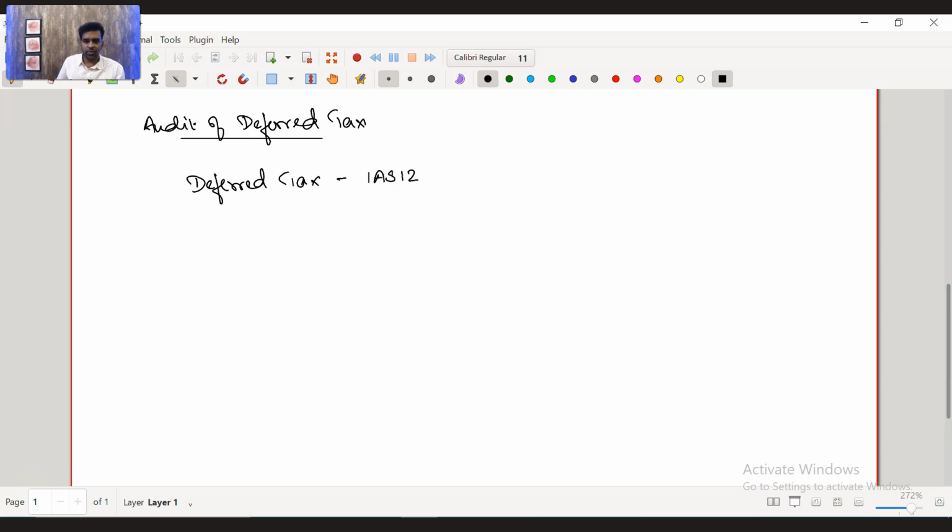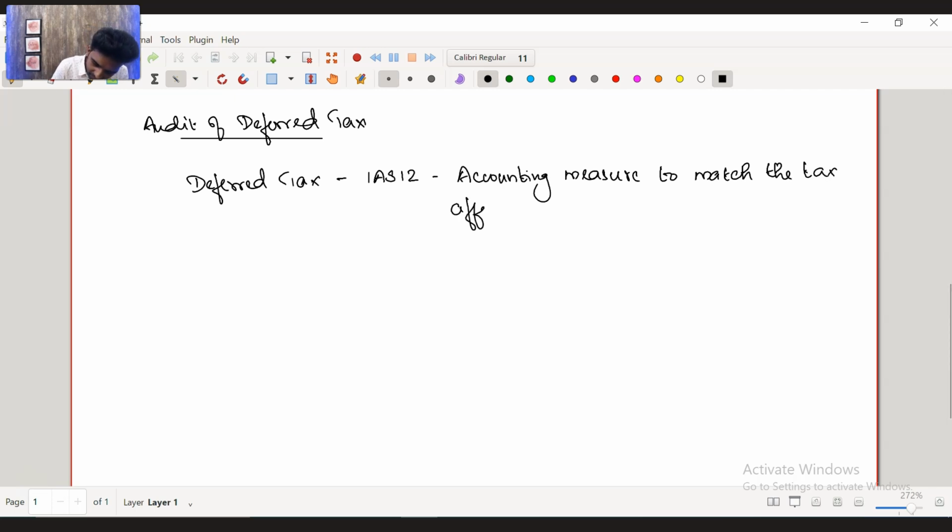So as per IAS 12, deferred tax is nothing but an accounting measure to match the tax effects of the transaction against their accounting impact.